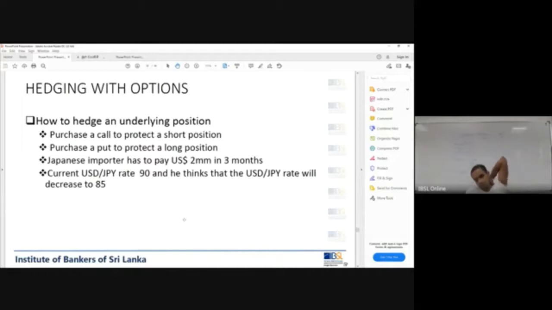He needs to buy a call option on the dollar yen, maybe at a strike price of 100, so that he's buying an out of the money option. If he does that and the market goes up, he is capped at 100. But if the market comes down, he will benefit.